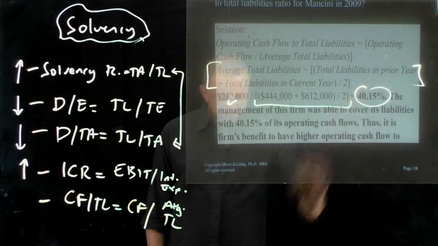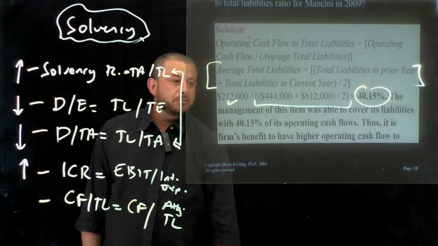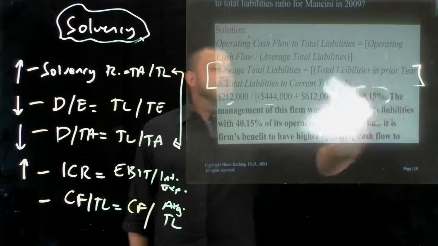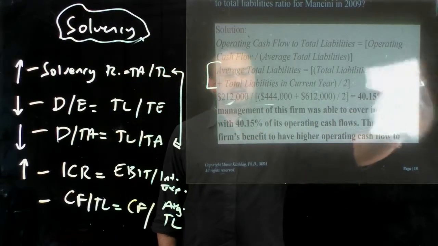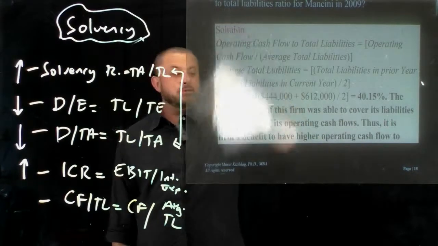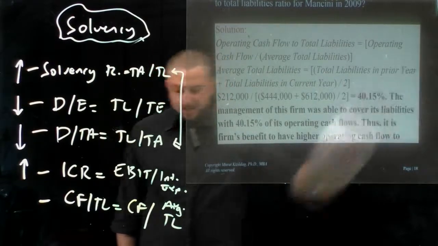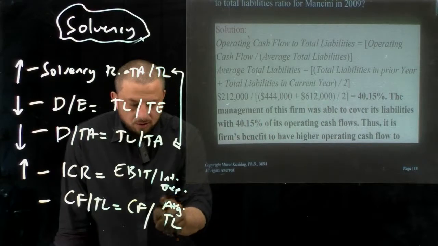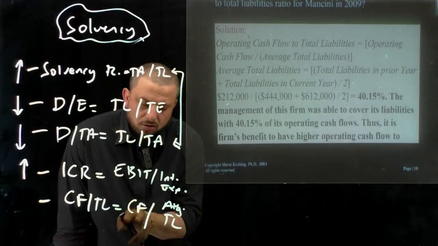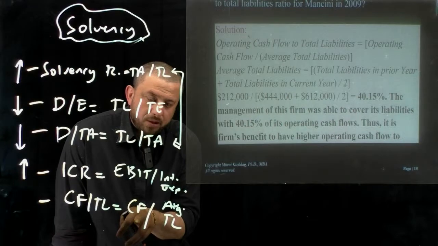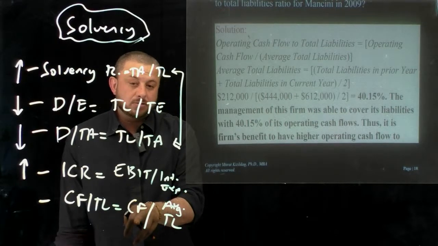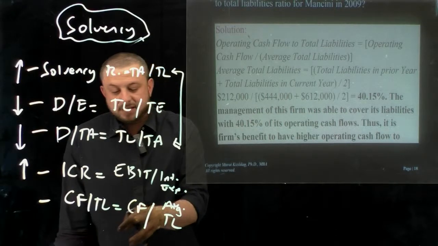And then 40.15%. 40.15% means that the management was able to cover its liabilities with 40.15% of its cash flows. Meaning, to cover my average total liabilities I only need to use 40.15% of my cash flows. So I can still use the rest.